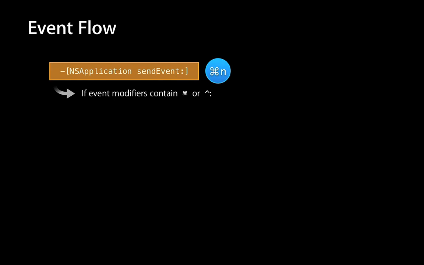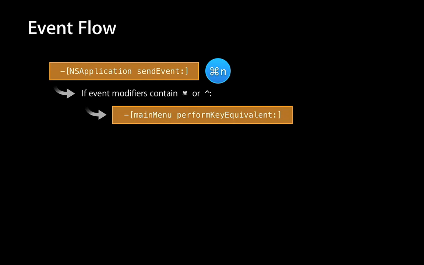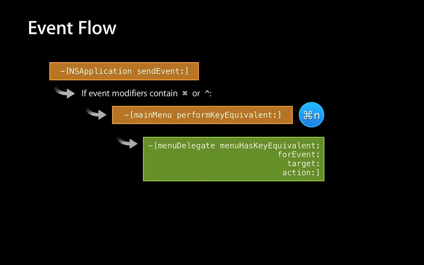So let's say that the key window didn't handle the key event, and neither did any other active windows. Finally, we reach the main menu. performKeyEquivalent is called. And normally, to do dynamic key equivalents in the main menu, you want to implement delegate methods. A very tempting-looking delegate method is menuHasKeyEquivalent:forEvent:target:action:. This allows you to return yes, that it does have a key equivalent, and no, that it doesn't.